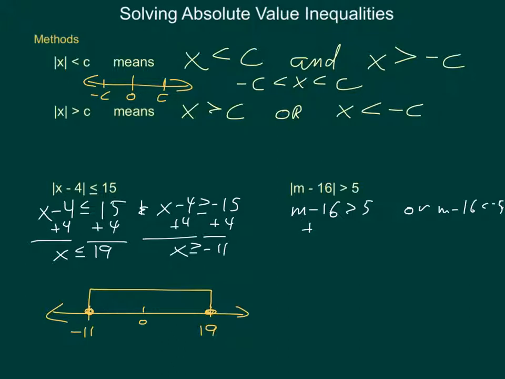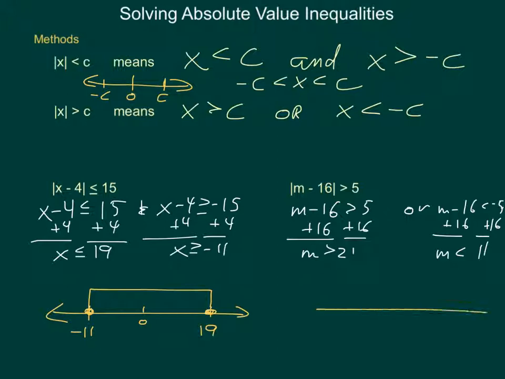We'll start by adding 16 to each piece here. So m has to be greater than 21. Then come over, add 16 here, and I get m is less than 11. So if I get my number line out, I have 11 on here, I have 21 on here.